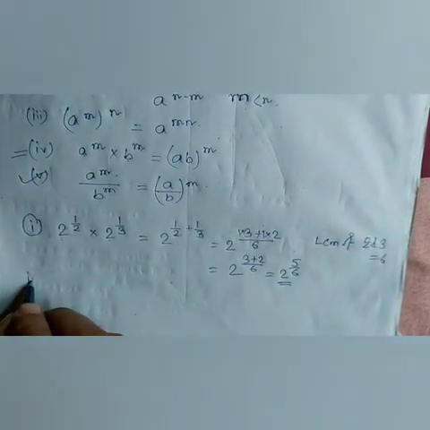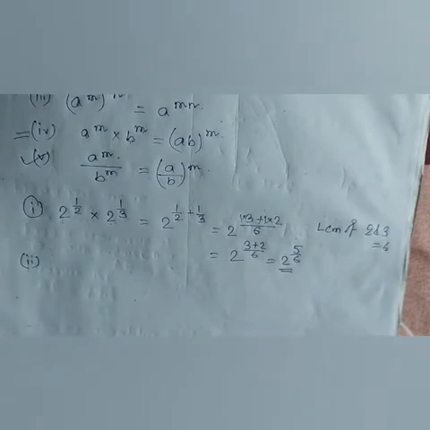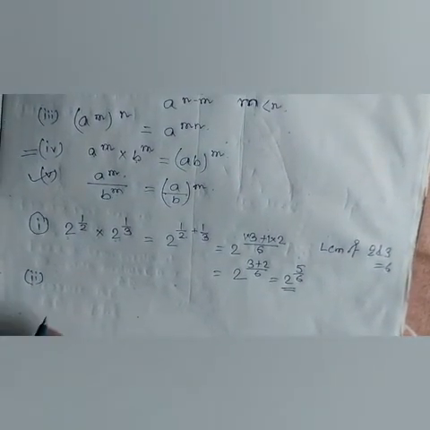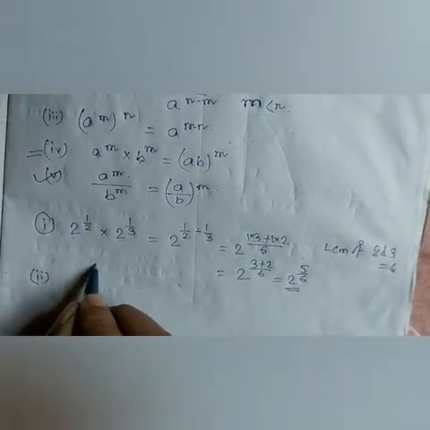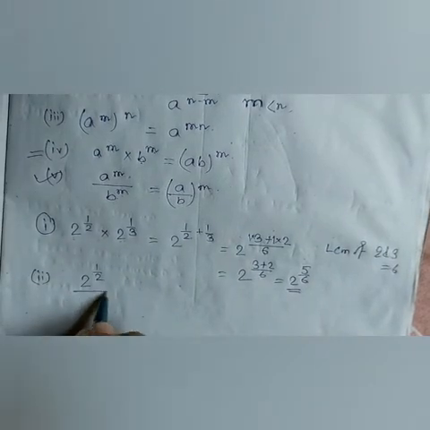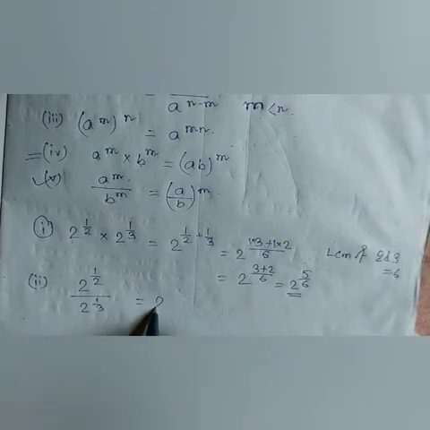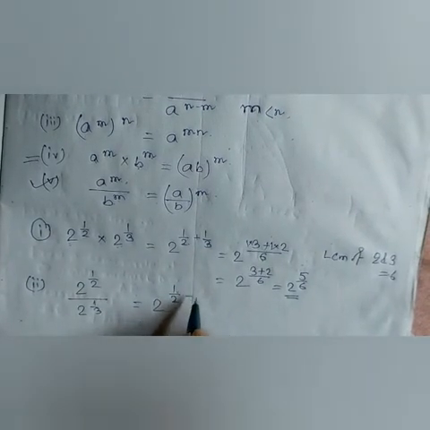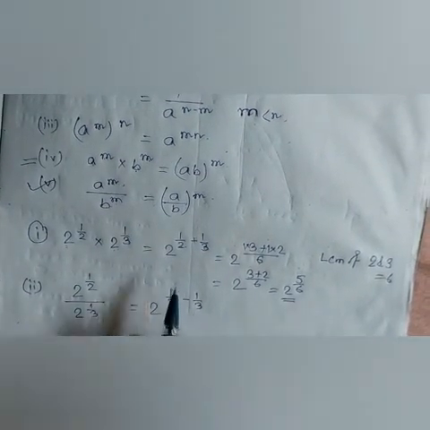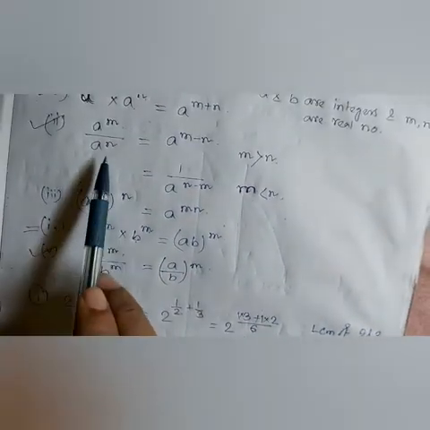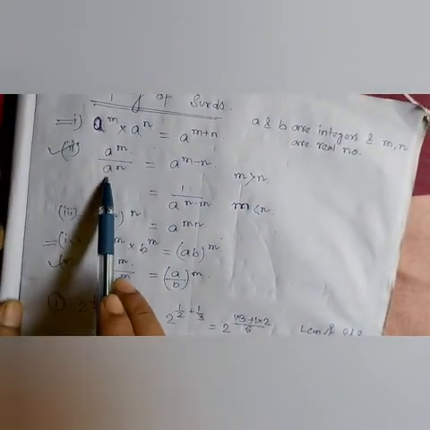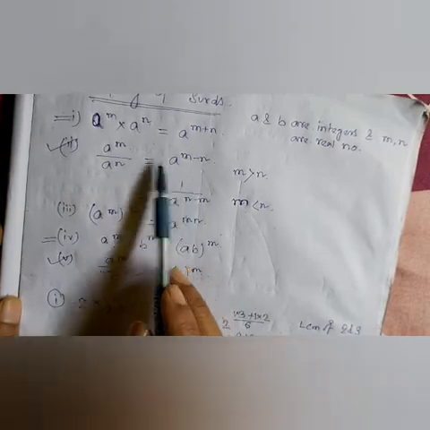Now we consider the second example. Suppose 2 to the power 1 by 2 divided by 2 to the power 1 by 3. This is the second property, a to the power m by a to the power n equals a to the power m minus n.